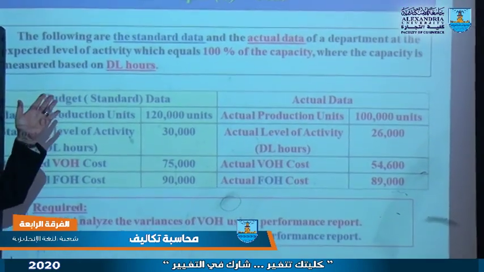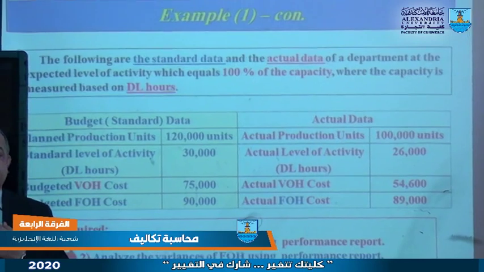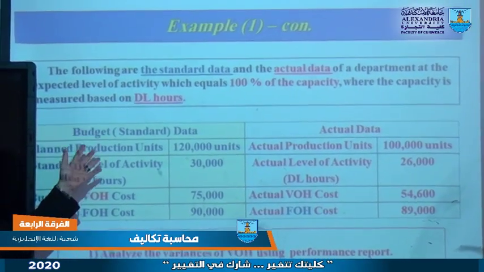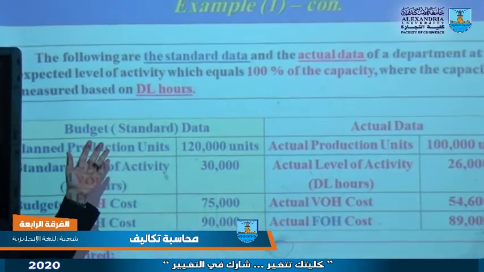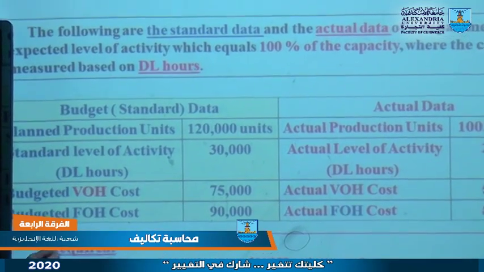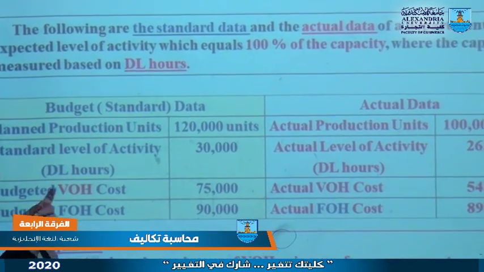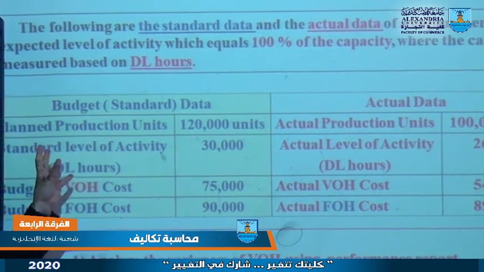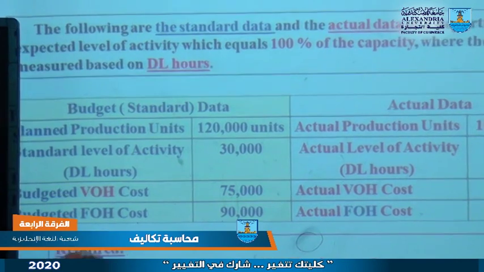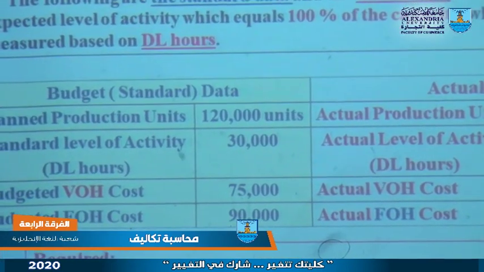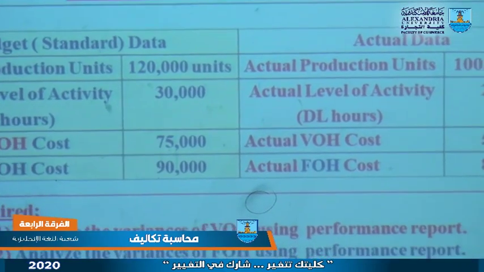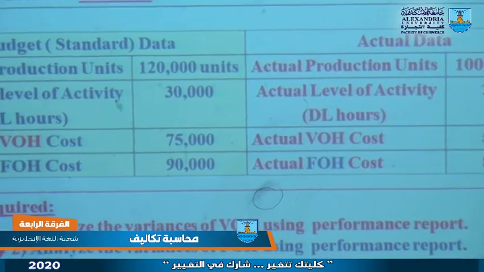This is my example of previous lecture. I explain today not how to analyze the variable overhead, but I will complete the budget not for variable overhead only, but the variable and fixed. In previous lecture, I explained only variable overhead using performance report and using equation, if you remember.